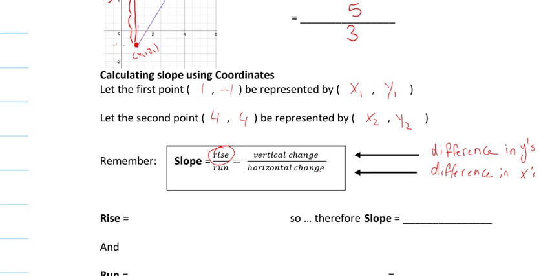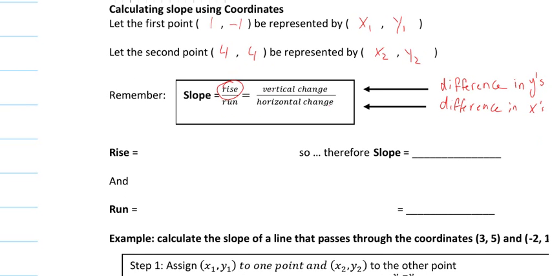If you're buying 2 items from 2 different stores, one item is $20 while it's $15 at the other store. What's the difference between the price? $5, right? So you do 20 minus 15, that's 5. Difference means minus, okay? So if I'm talking about difference in the y's, that means I'm subtracting the y's, right?